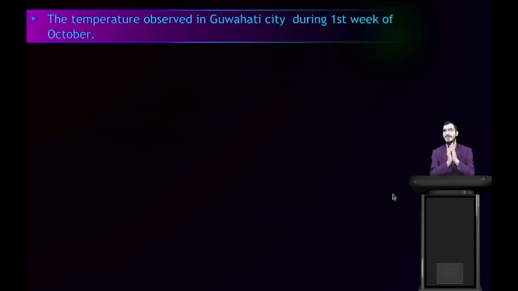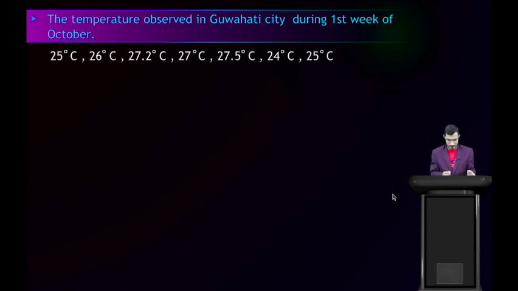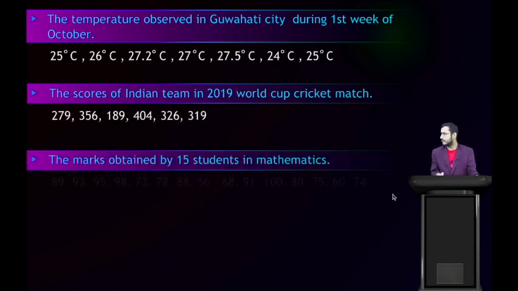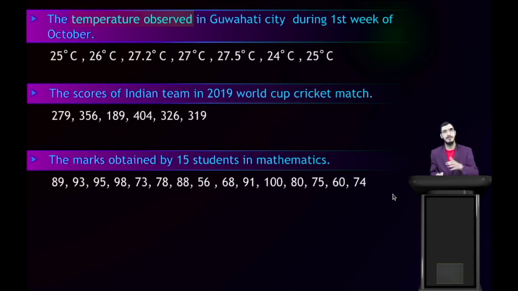Now here we have other examples of data. The temperature observed in Guwahati city during the first week of October. In the second example, the scores of the Indian team in the 2019 World Cup cricket match. And third, the marks obtained by 15 students in mathematics.